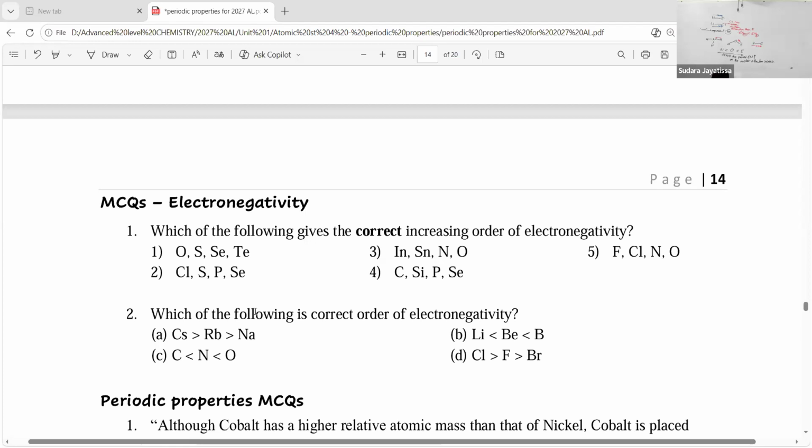Look at the second answer. That's also the other way. Selenium, phosphorus, sulfur, chlorine. That's the proper one. Third one is correct. Fourth one.